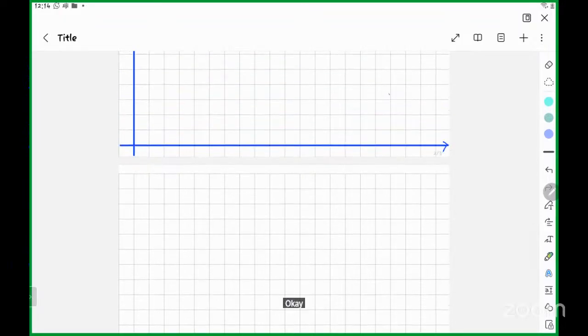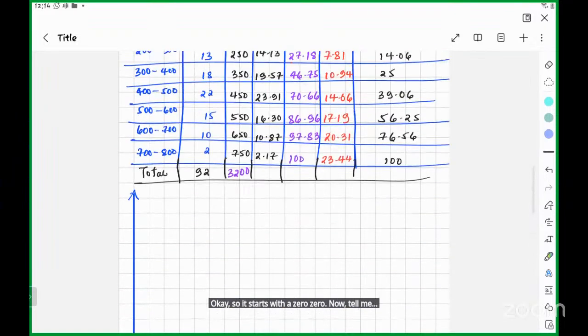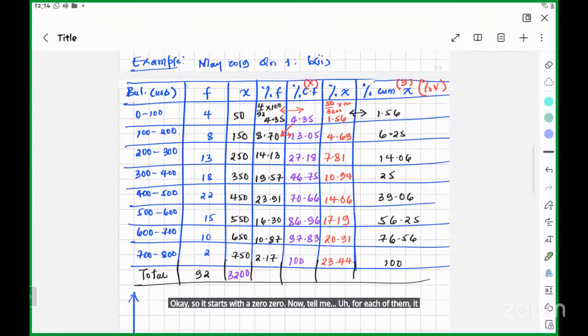So it starts with a 0, 0. Now, tell me, for each of them, it is 0 to 100. Are we together? On the horizontal, what would be your scale?